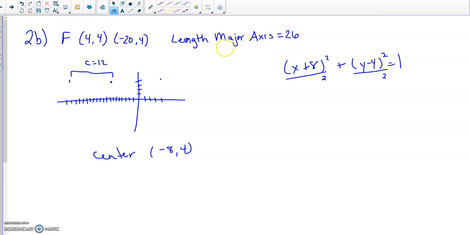Major axis is going to lead you to your A value, but we have to divide this by 2 because that's saying from length to length is 13. If I know focus is on this line, then I know vertex is going to be right behind it. So I know this is going to go for X, so my 13 is going to go there.